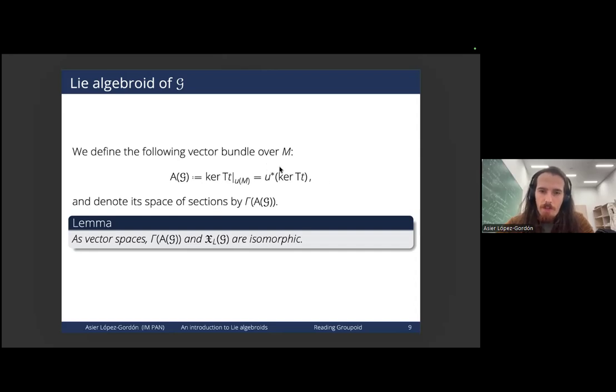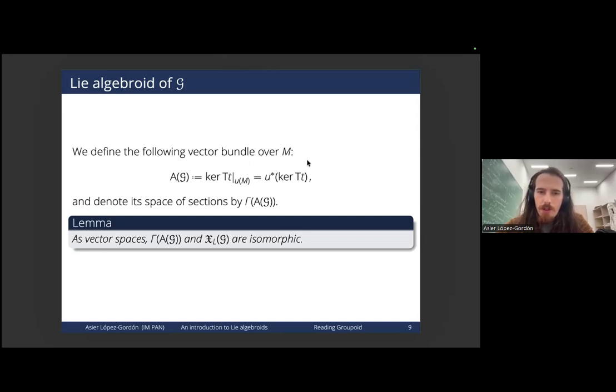Or you can express this as a pullback by U of the kernel of the tangent of the target. And as usual, gamma of the vector bundle will denote the space of sections of this vector bundle.